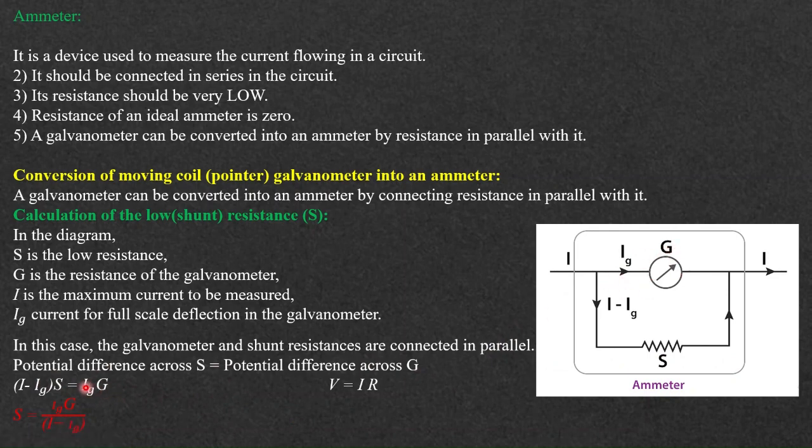We need to know the small resistance we need to connect parallel to the galvanometer. So I retain S here itself and shift the other term to the denominator, so that the final answer is S equals Ig into G divided by I minus Ig. This is the shunt resistance that we need to connect in parallel with the galvanometer to convert it into an ammeter.